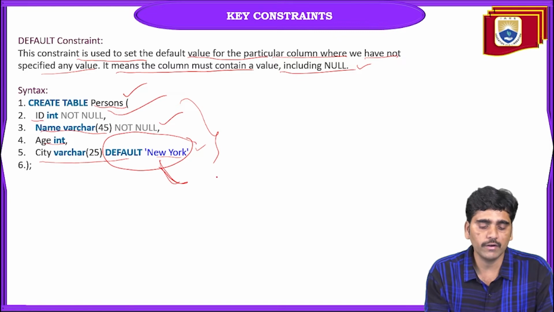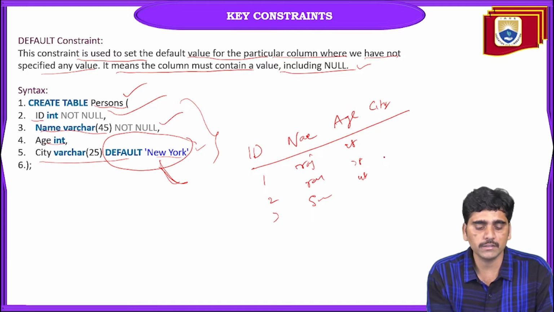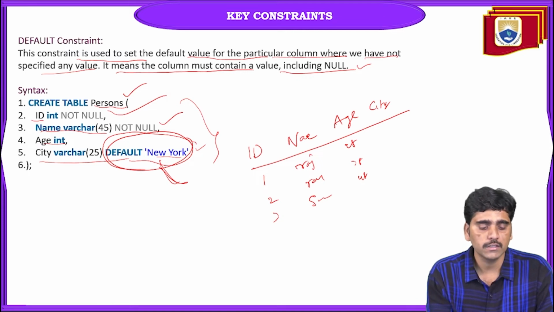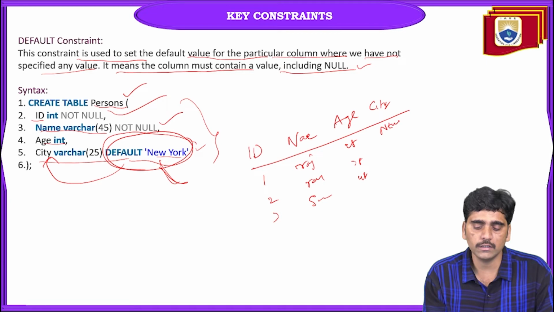So at that time, how does it show? See here, this is the ID column, this is the name column, this is the age column, and this is the city column. So if you are applying values like ID 1, 2, 3, names Raj, Ran, and Sam, and ages 28, 38, 48, the city will be the default value, because we are applying a default constraint to the city column, so all the cities are New York, New York, New York.